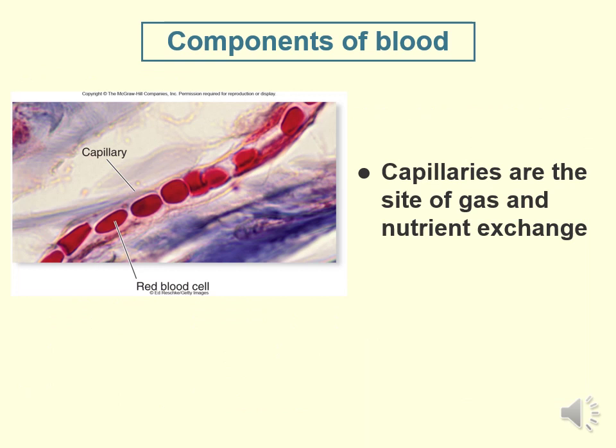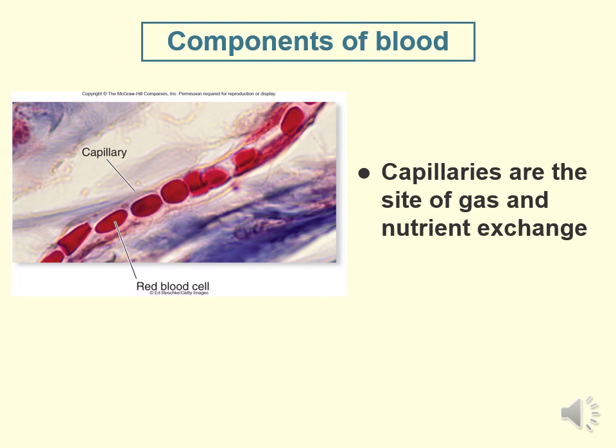The capillaries are the site of gas and nutrient exchange within our bodies. Capillaries themselves are the smallest blood vessels we find within the cardiovascular system. They have a diameter of about 10 microns, about the same diameter as a red blood cell, and their walls are composed of one cell, an endothelial cell.